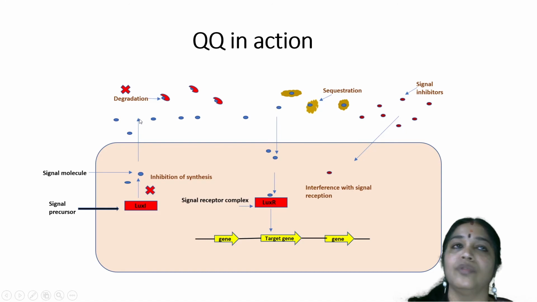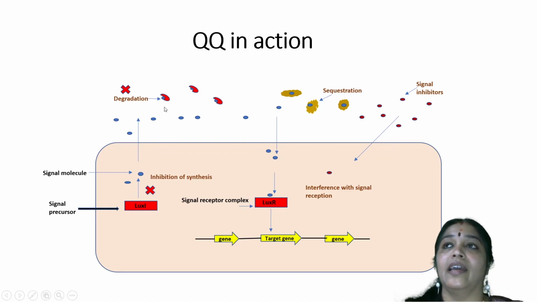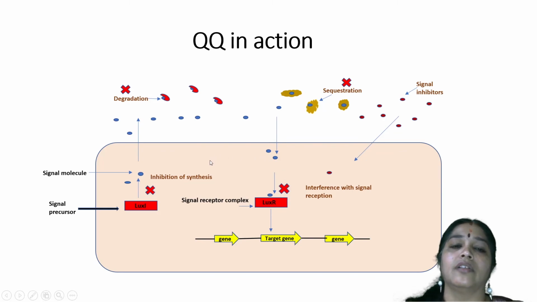If the autoinducers are in the external environment, you can go in for the degradation, and this can be done by enzymes that can degrade these autoinducers. And next is sequestration. That means you make them inactive or immobile, and here you can also inhibit by interfering with the signal reception. So this is how you can stop the quorum sensing via quorum quenching.